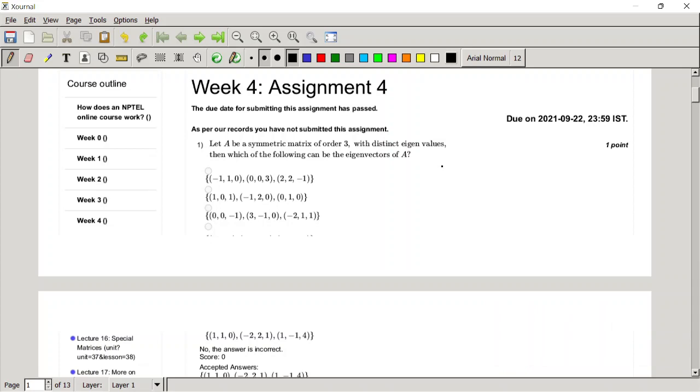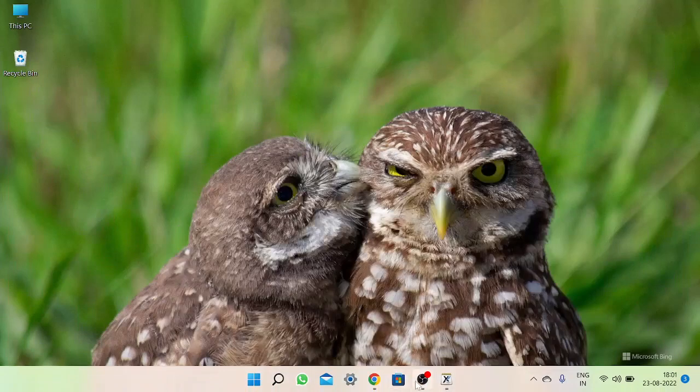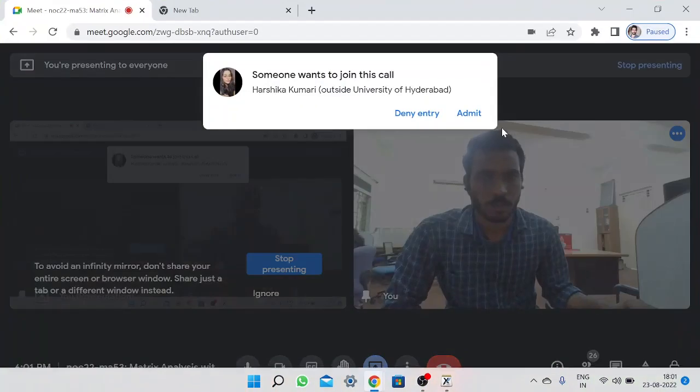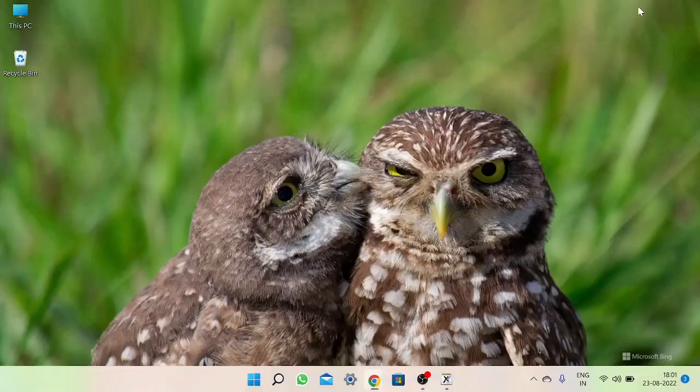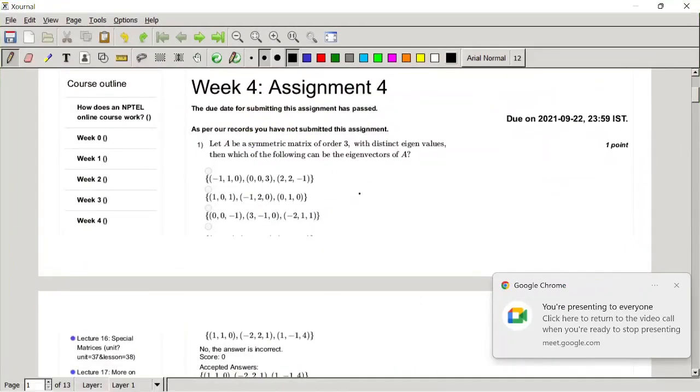We have a property that whenever A is symmetric, the eigenvectors are orthogonal to each other. By using that condition, we will check each option to see which one is correct.